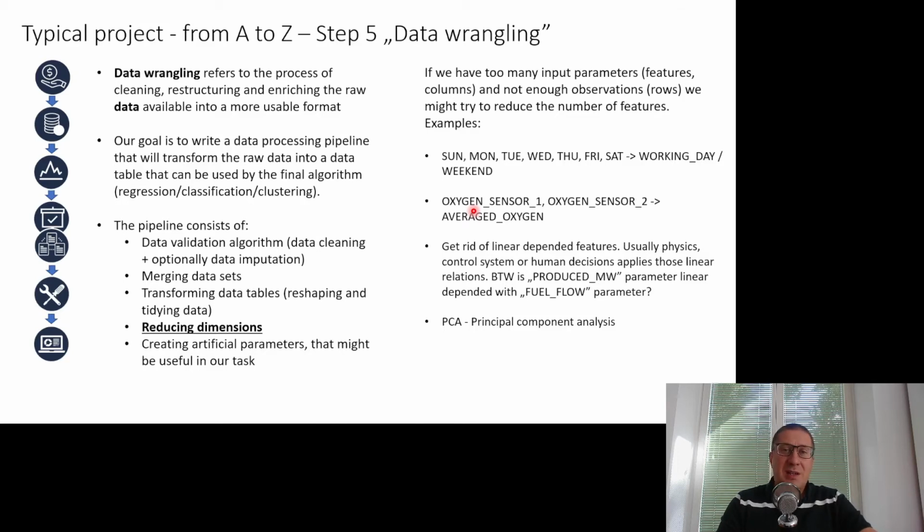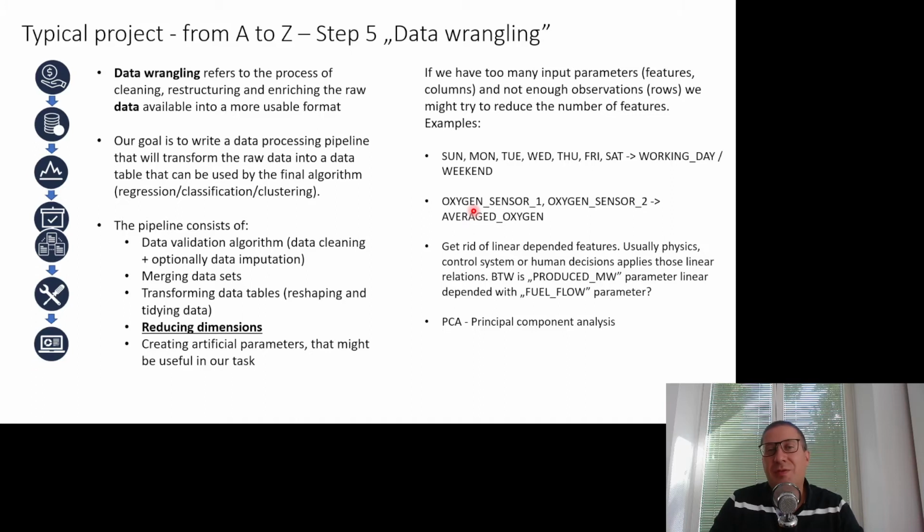For instance, if we have Sundays, Mondays, Tuesdays, Wednesdays, Thursdays, Fridays, and Saturdays in our data, we can try to have just two characteristics of a day. It's working day or weekend. Then there is a reduction.